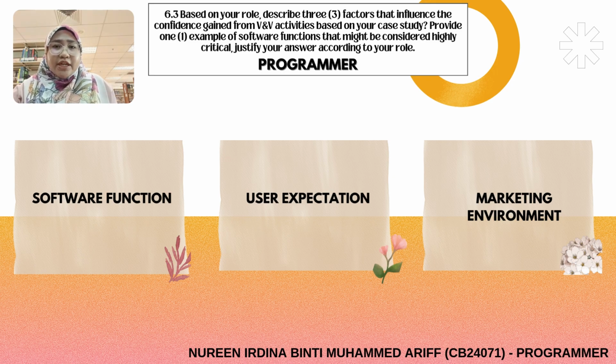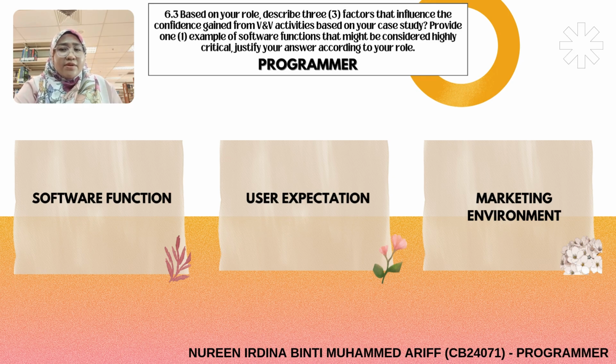The last factor is the marketing environment. Software development and release must be structured according to the marketing environment, which dictates the speed of both development and release, as well as the features to be redesigned depending on market and competition standards. As a programmer, I need to be aware of the marketing environment affecting V&V. This can help shape the urgency and focus of V&V.